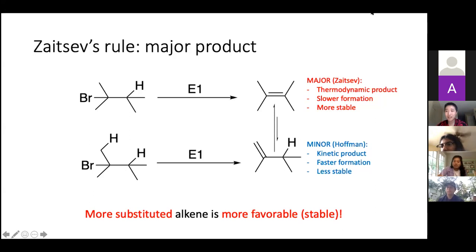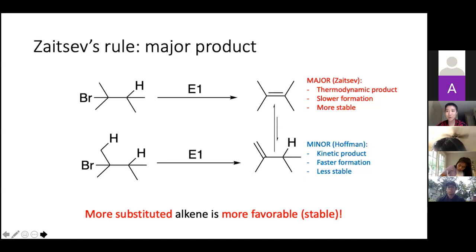You're absolutely right. So the equilibrium lies towards the major product, which means that given enough time, your kinetic products are going to go to the major product. However, if you don't give it enough time, you're going to have different amounts of major and minor products. So that's the Zaitsev rule and major and minor products for you.